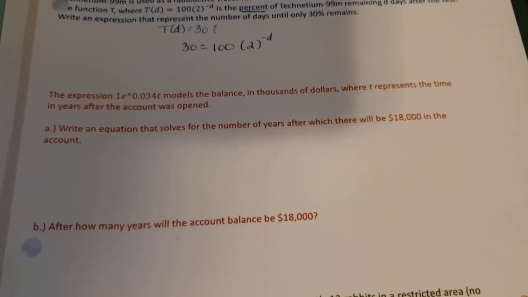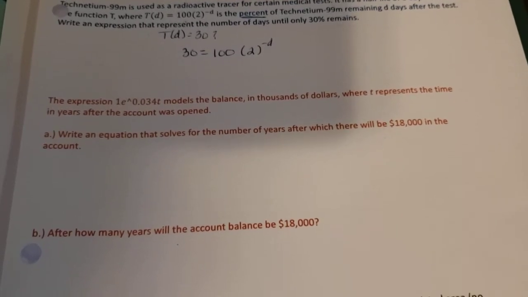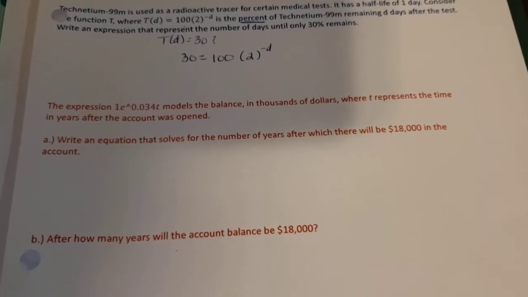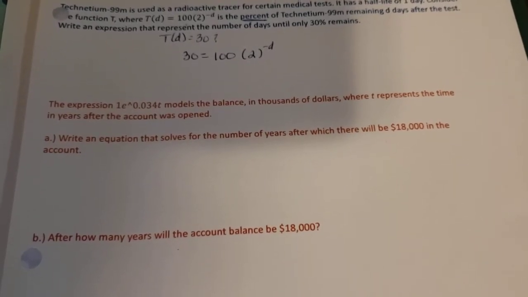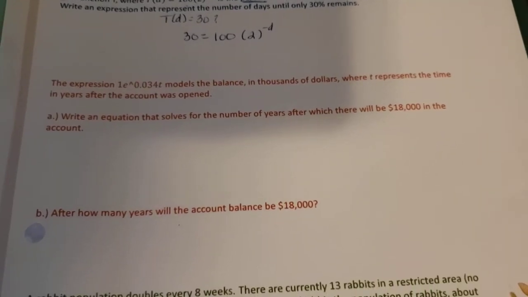So the next question: the expression 1 times e to the 0.34t models the balance in thousands of dollars, where t represents the time in years after the account was open.